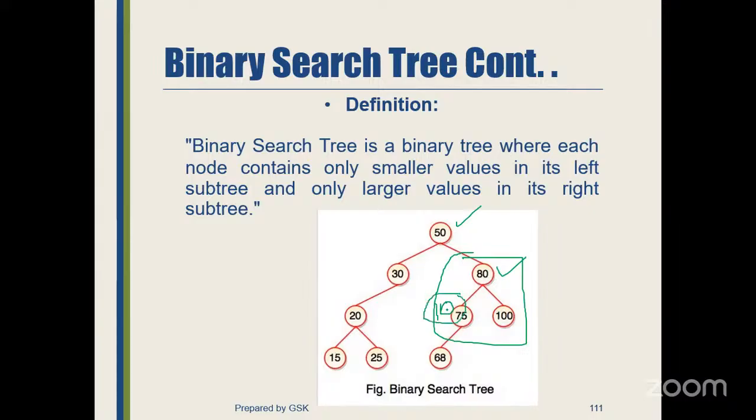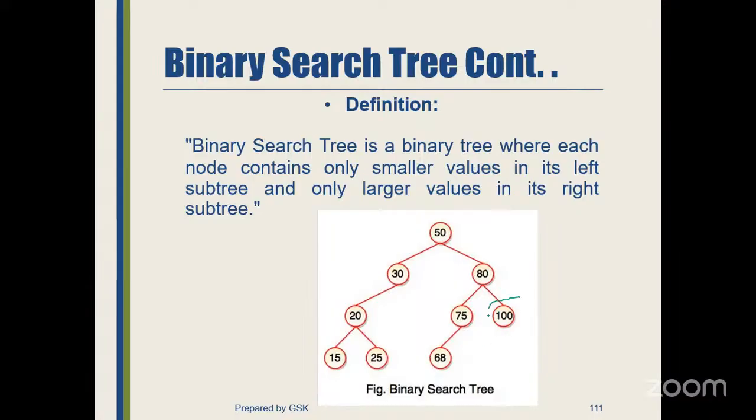Why? Of course, 10 is less than 80, but all the values in this right subtree must be greater than 50. We are not following that. So that's why that value must be less than 80 and greater than 50.